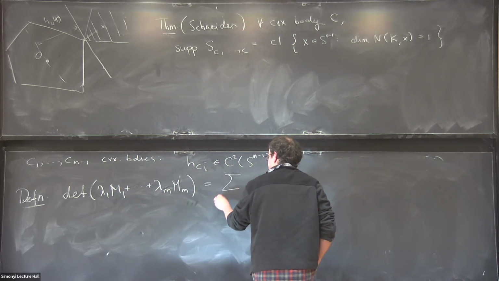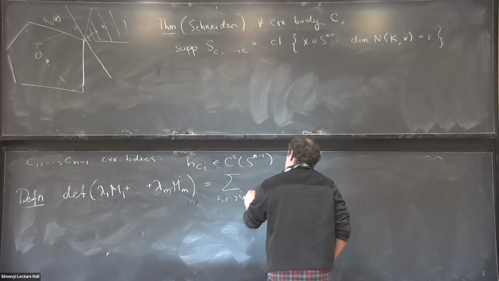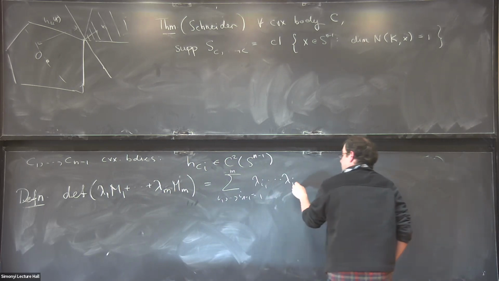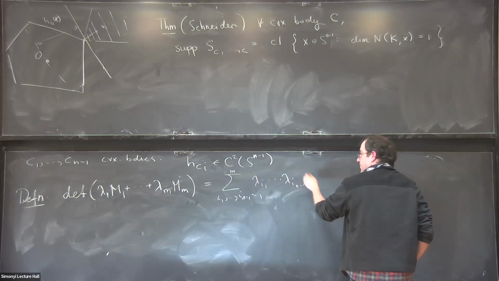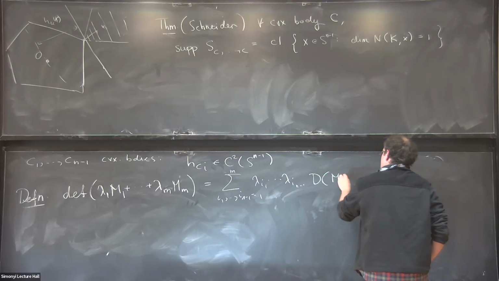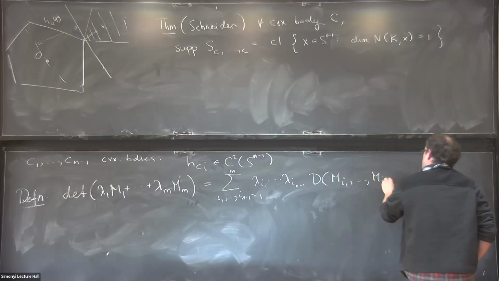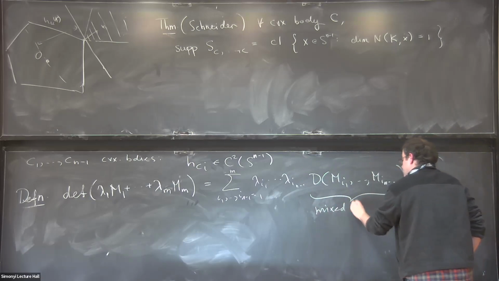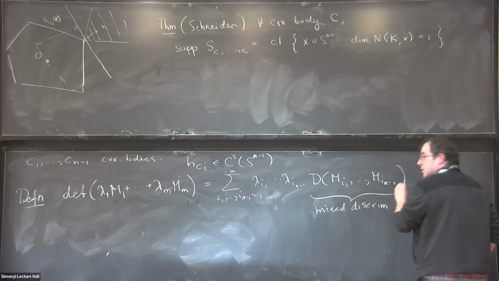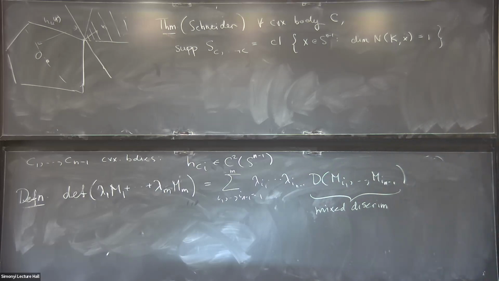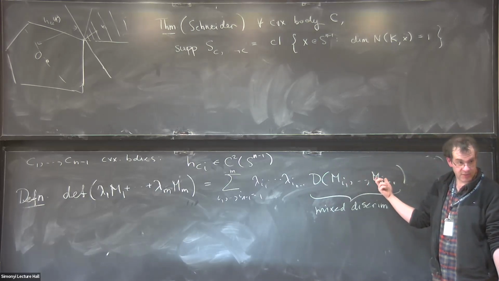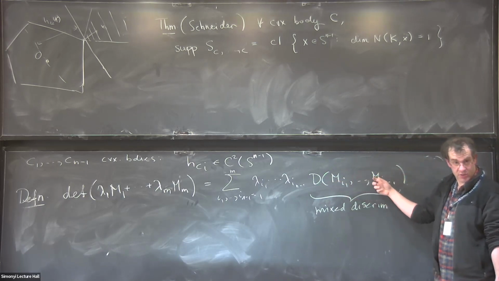I can write this as a sum over i1, ..., i_{n-1} of lambda_{i1} ... lambda_{i_{n-1}} times something which we denote by D(M_{i1}, ..., M_{i_{n-1}}). These are called mixed discriminants. It's a function of n-1 matrices of dimension n-1, and it's linear in each argument, just a polarization of the determinant.